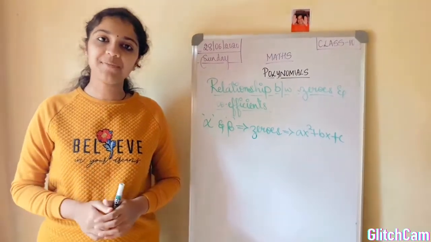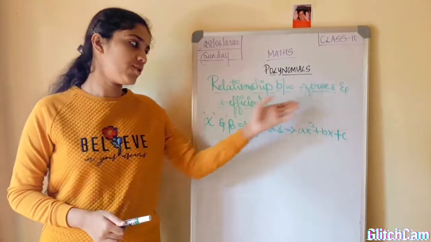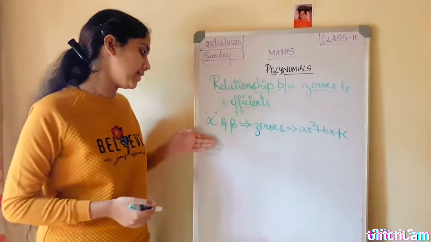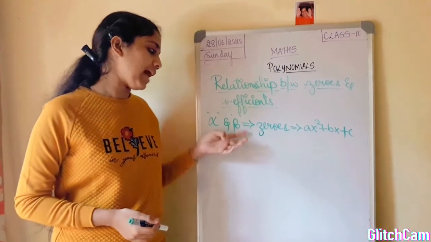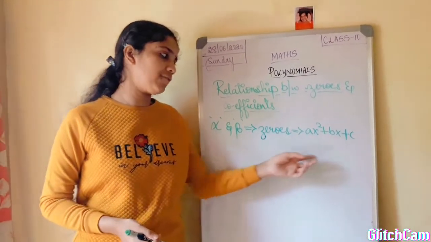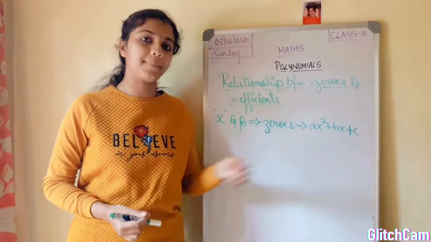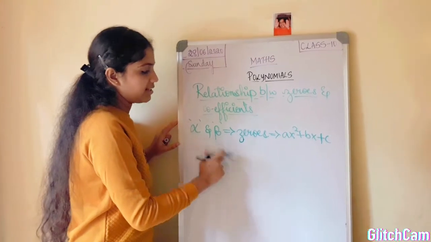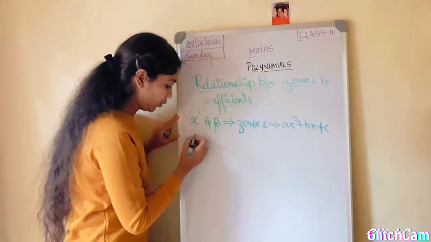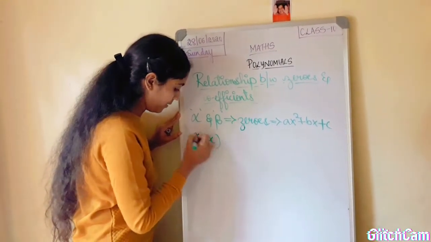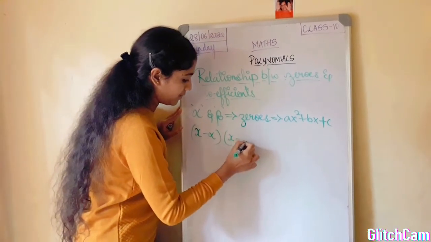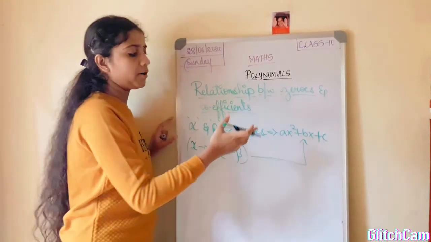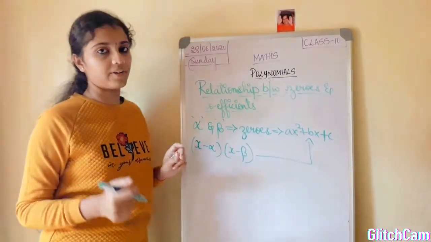Now let us learn about the relationship between the zeros and coefficients of polynomials, that is, the quadratic polynomials. Here let us consider alpha and beta as the zeros of this quadratic polynomial ax square plus bx plus c. So when these two are the zeros of that quadratic polynomial, you know that x minus alpha into x minus beta will become the factors of that quadratic polynomial by the middle splitting method or the factorization method.